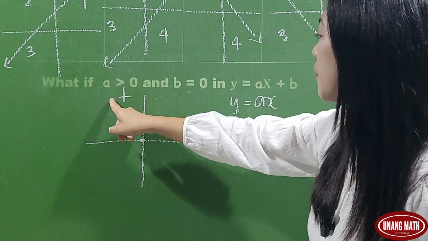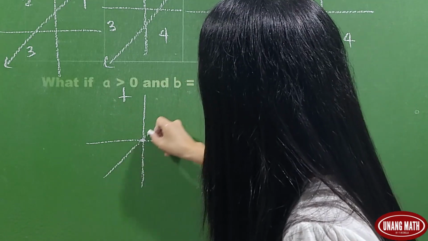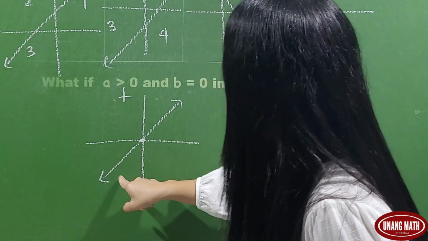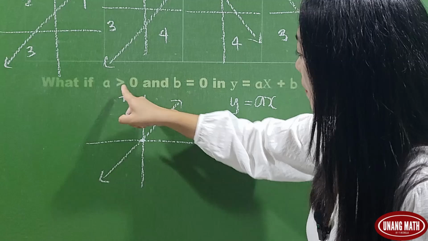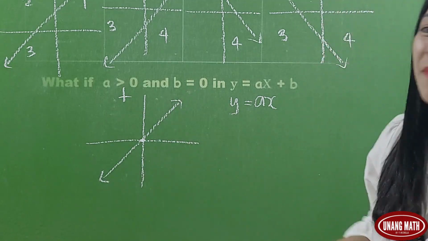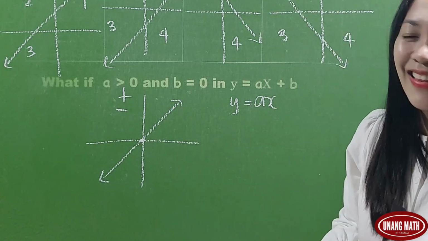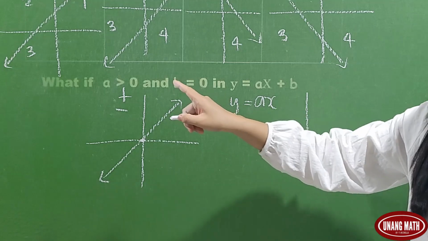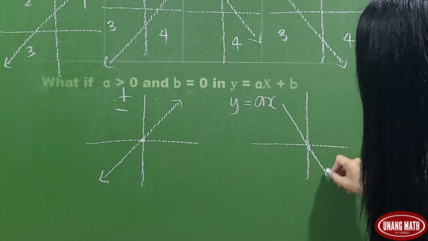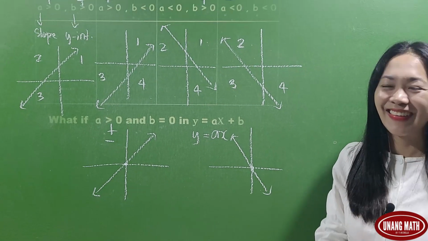And our slope is positive, so we expect that the graph slopes upward. So this is now the graph of y is equal to ax, where the slope is positive and b is 0. Okay, what about if a is negative? B is 0. So it means our graph slopes downward and it passes through the origin.